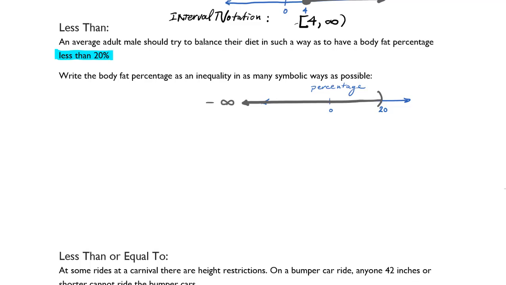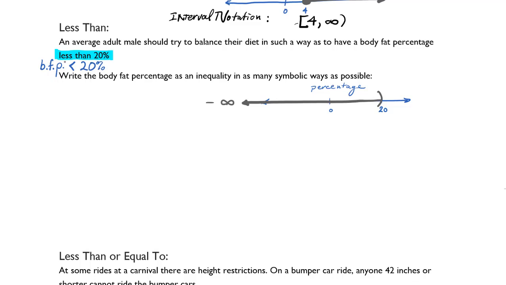Now, let's also really quickly just write this as an inequality. Less than means the smaller side is first, and then the 20. And you could say 20%. Now, remember this is body fat percentage, so I'm going to write this as body fat percentage, BFP.